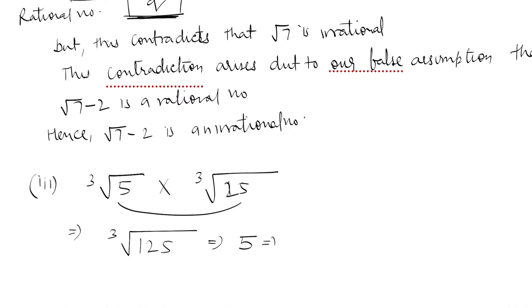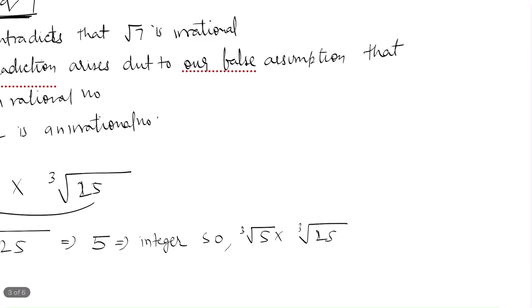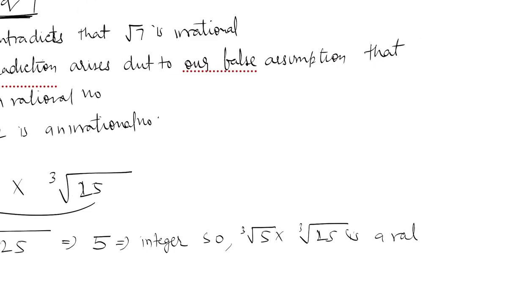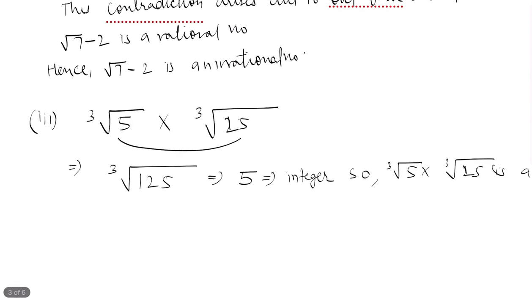Now 5 is in the form of p upon q, or it is an integer. So 5 into 25 is a rational number. Okay, now the fourth question is root 7 into root 343.